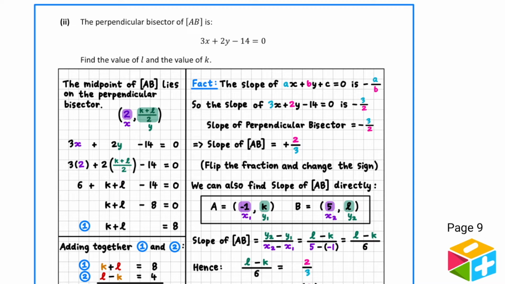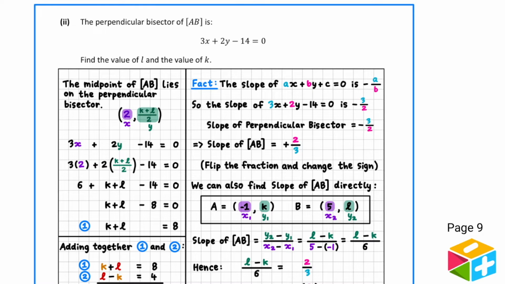In B part 2, we are given the equation of the perpendicular bisector of AB. We need to use this to find the value of L and the value of k. The first thing to observe here is that the midpoint of the line segment AB will lie on the perpendicular bisector.